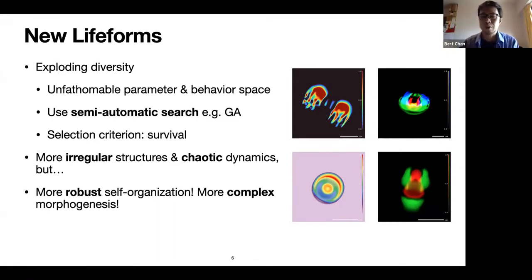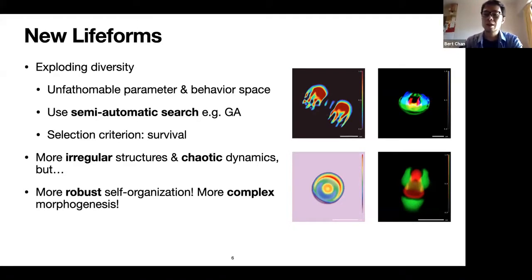The structures of these creatures become more irregular, and their dynamics become more chaotic compared to the original system. That means they become more unstable, but it's different because the self-organization becomes more robust, and morphogenesis is becoming more complex.